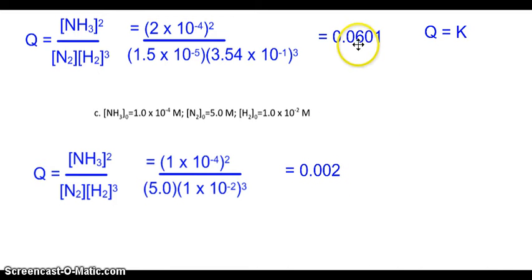Hey, I'll just use this number up here. So what is this case? Q is smaller than K. So that means we need to make this a bigger number and this a smaller number. I need more products to make this a bigger number so that it reaches K. So how am I going to do this? How do I make more products? It's going to shift to the right. So why don't you write that down? This will shift to the right.